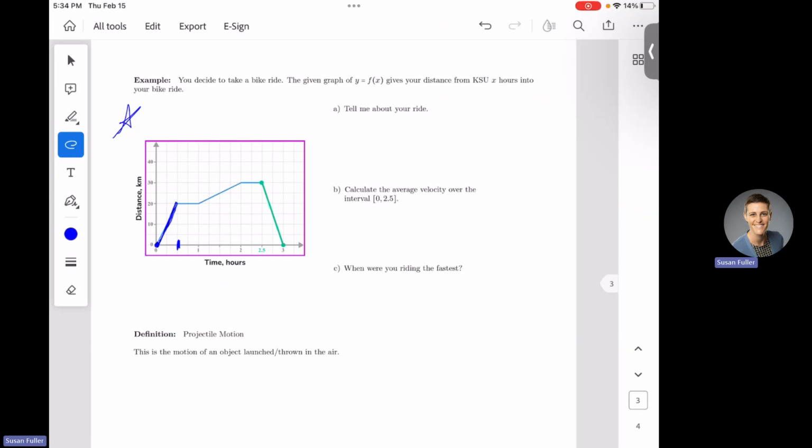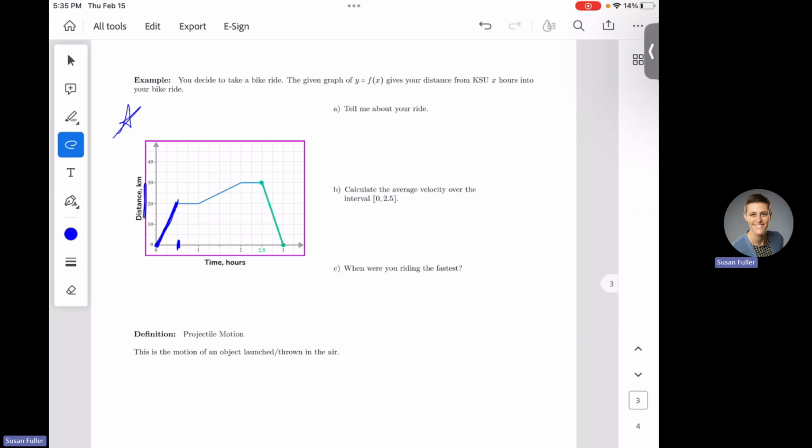Well, if y is distance, then the speed, or the velocity, right? Speed is based on velocity. Velocity is the derivative of position. And so since our y value here is distance, which is a position, then the derivative, the rate of change, the slope of this function tells us your velocity.